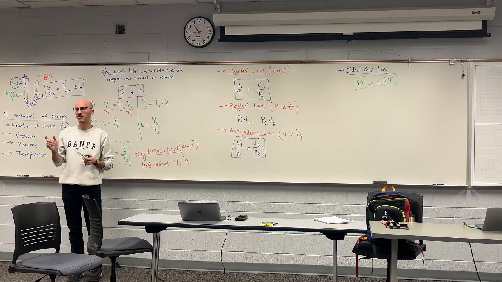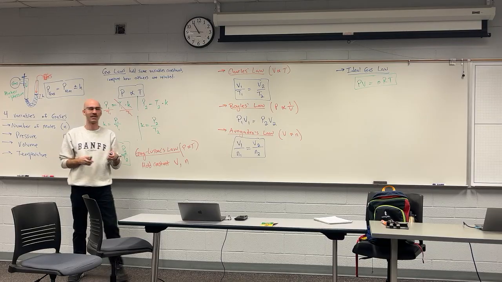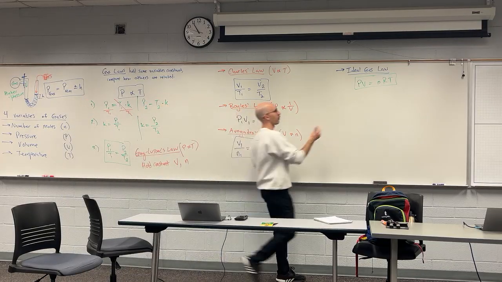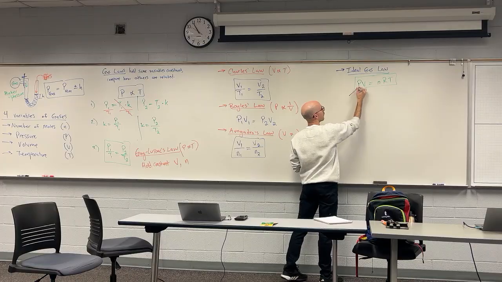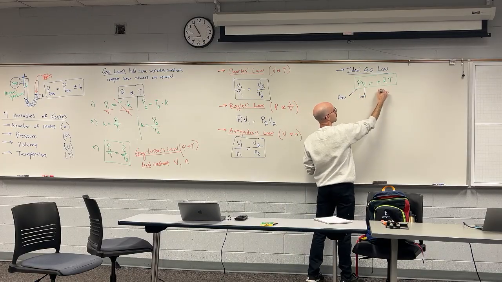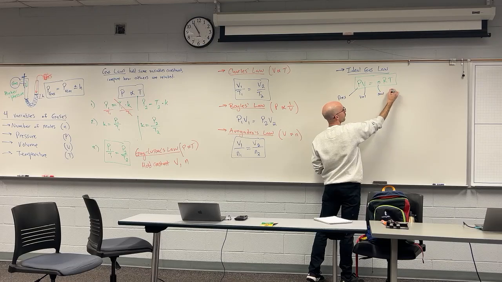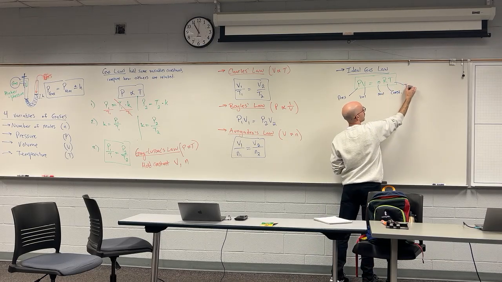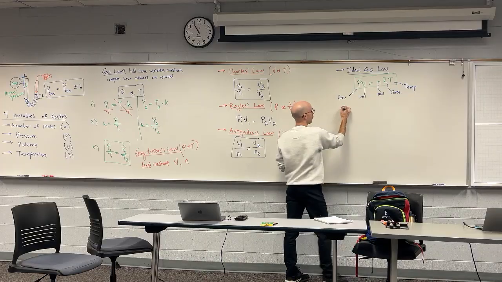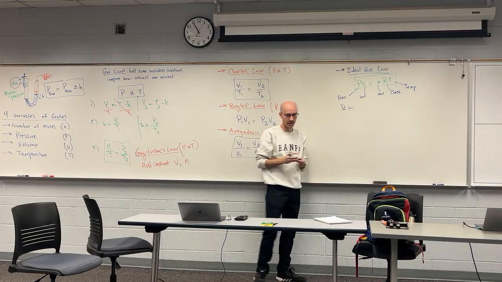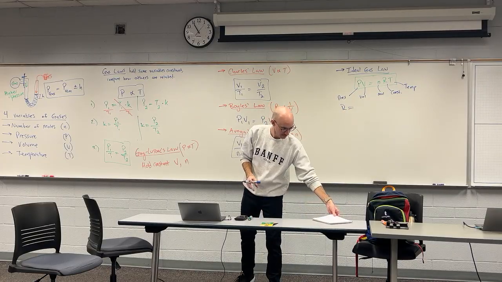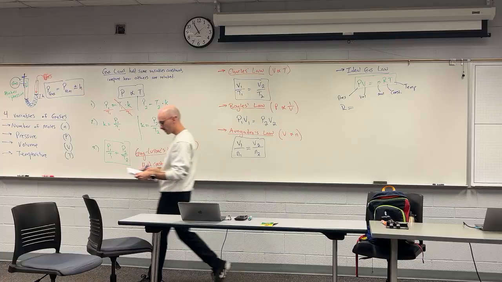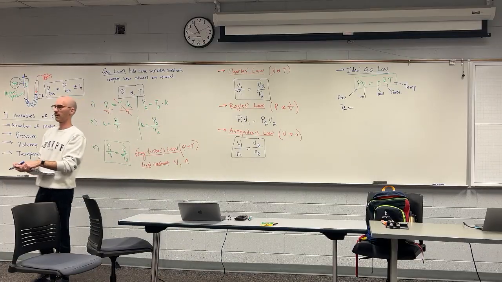It's a little bit like VSEPR theory, or VSEPR, but Pivnert: pressure times volume is equal to the number of moles times this constant times temperature. So the only thing we really need to talk about here is R. How many values for R do you think there are?